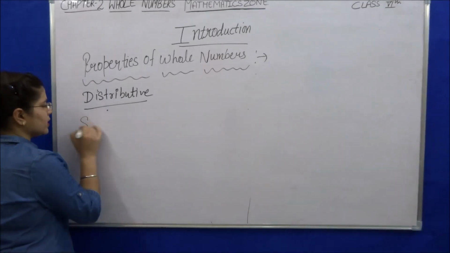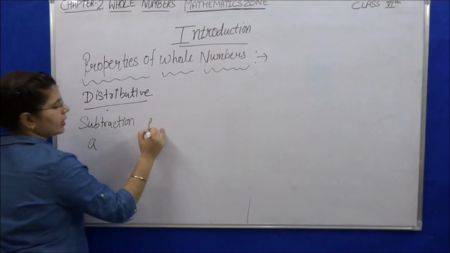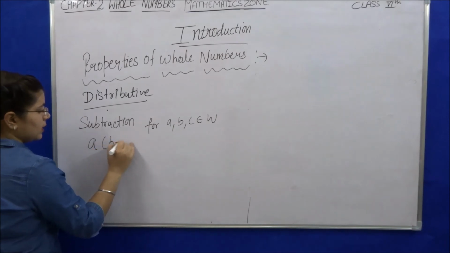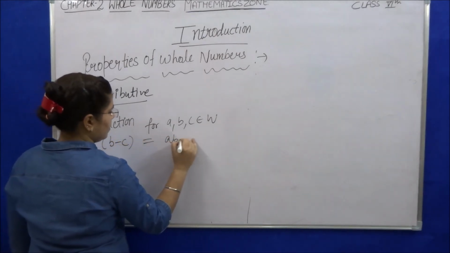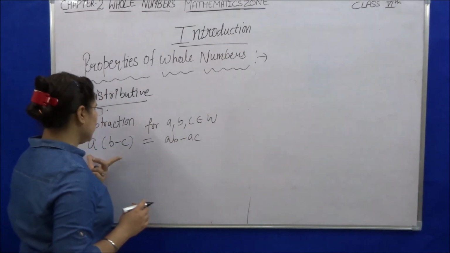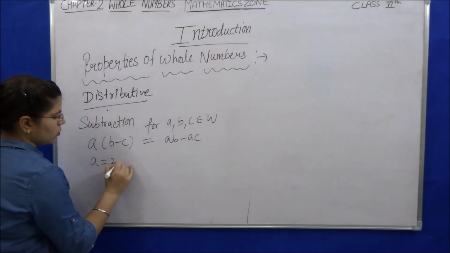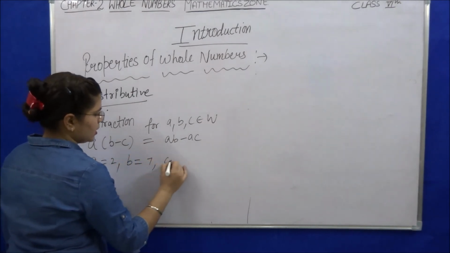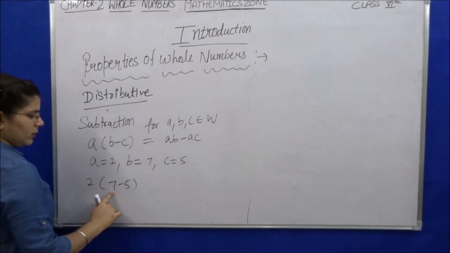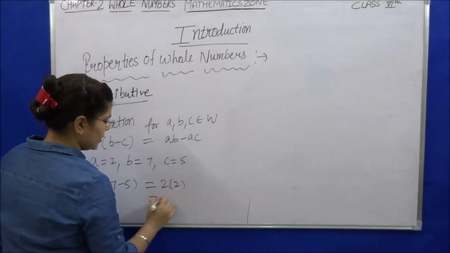Now let us do the case of subtraction. That is, for some A, B, C belonging to whole numbers, A into B minus C will be equal to AB minus AC. If the distributive property holds under subtraction, then left hand side should be equal to right hand side. Now let A is 2, B is 7, C is 5. Then 2 multiplied by 7 minus 5, 7 minus 5 is 2. So here it will be 2 multiplied by 2, that is equal to 4.